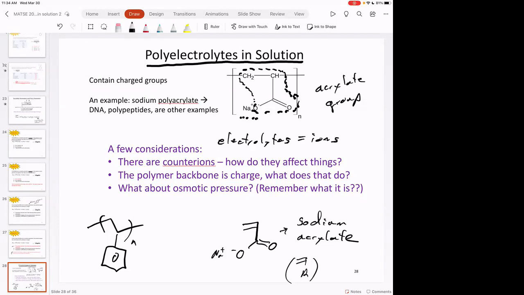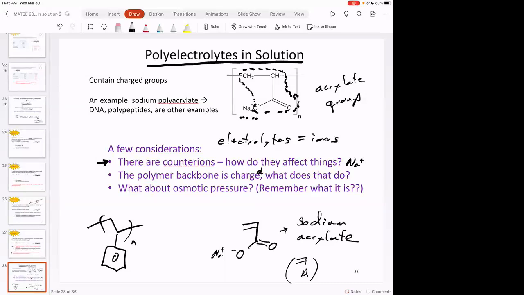So there are counter ions, and the counter ions, in this case, are sodium. They're always the free ion. So what is the counter ion? That's sodium. The polymer backbone is charged. We'll talk about what happens when this sodium charge floats away from the backbone.